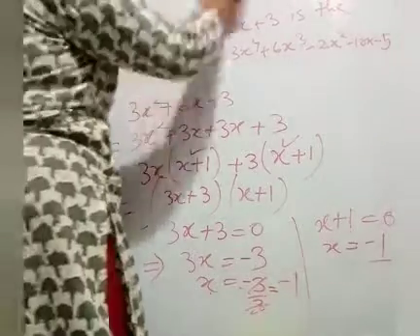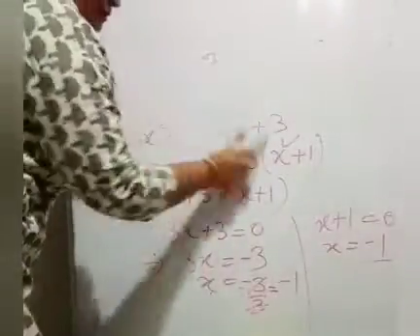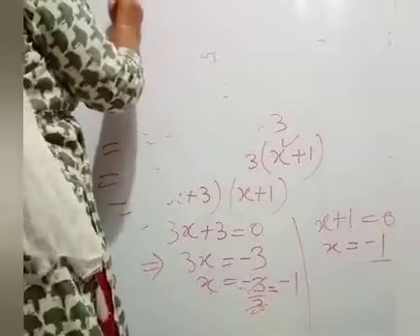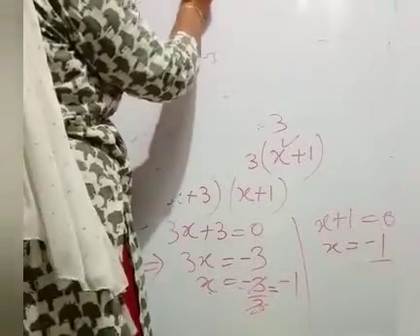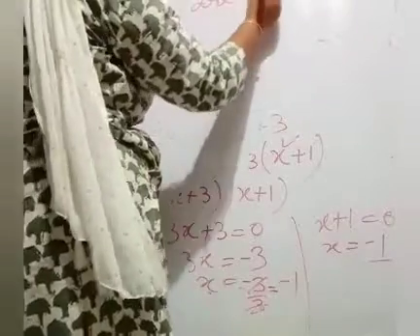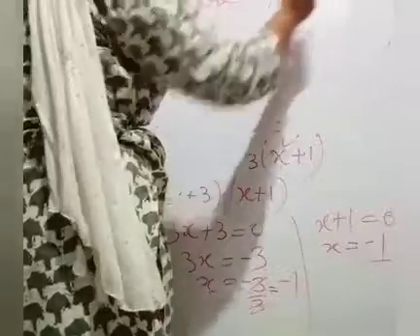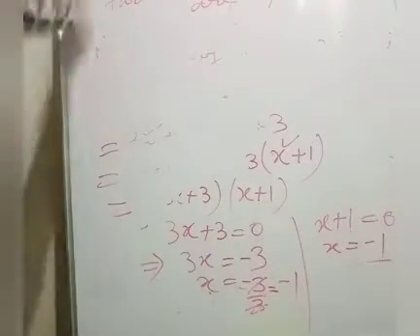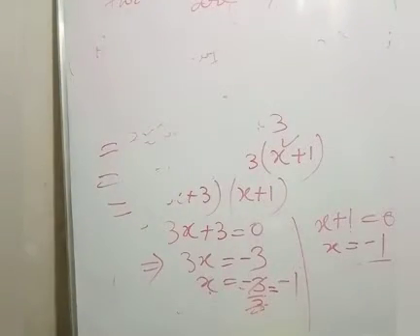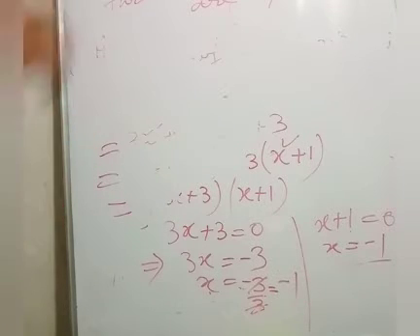So write down, therefore two more zeros are minus 1 and minus 1. Because the polynomial is of degree 4, the polynomial has at most 4 zeros.